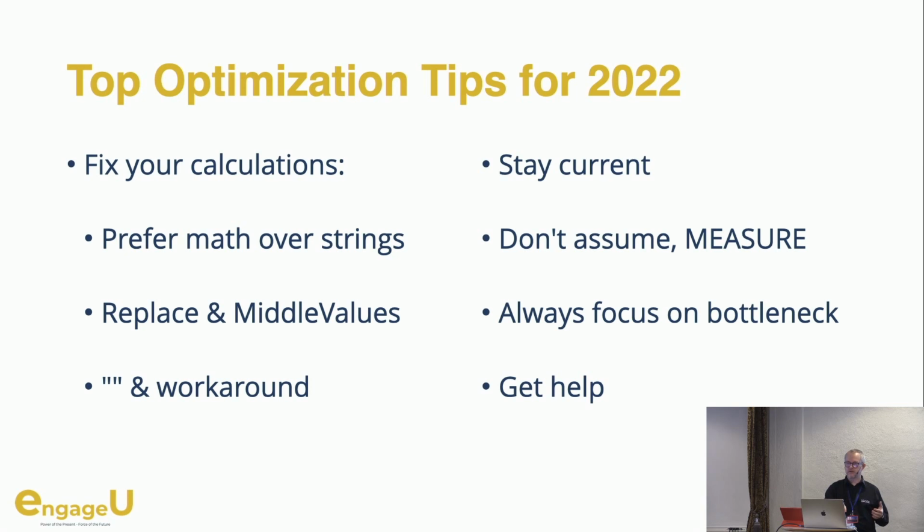But there is a workaround. If you prepend your calculation with an empty string and concatenate it with the result of the function, it will not eat that memory. So that's also something to consider.